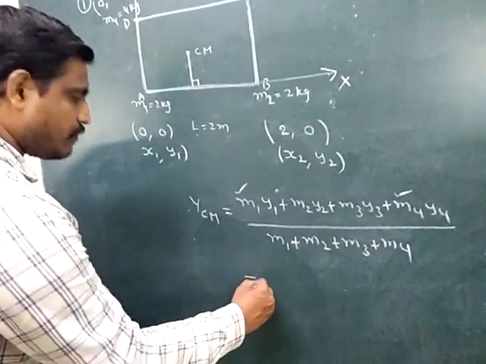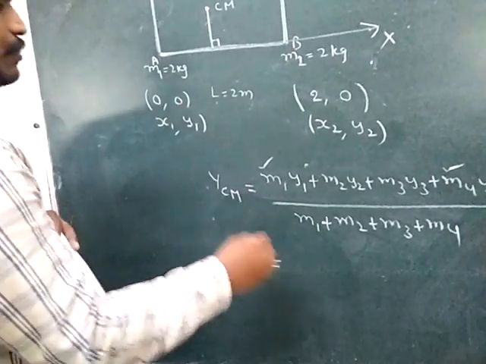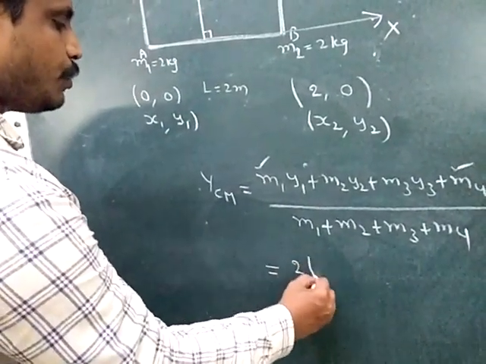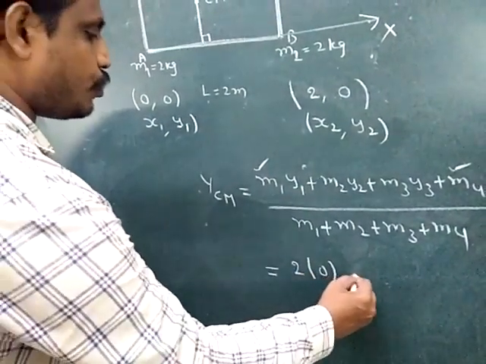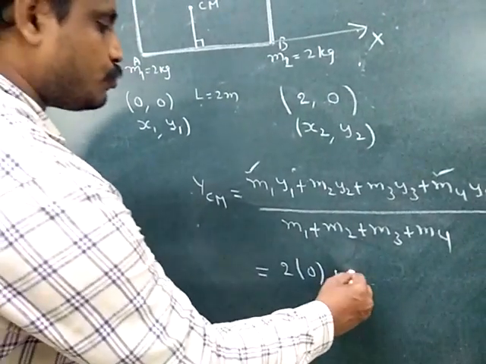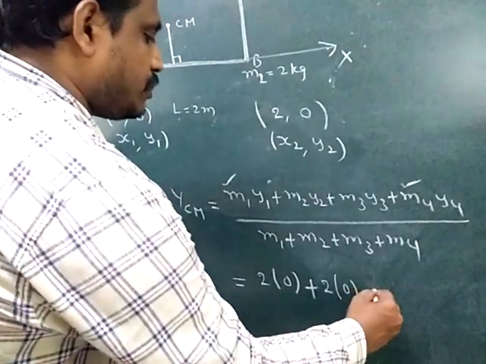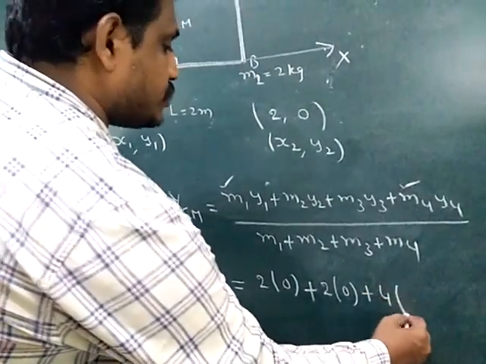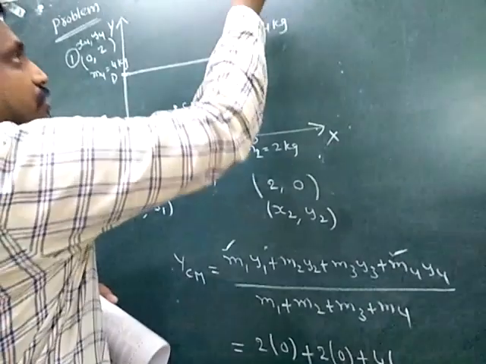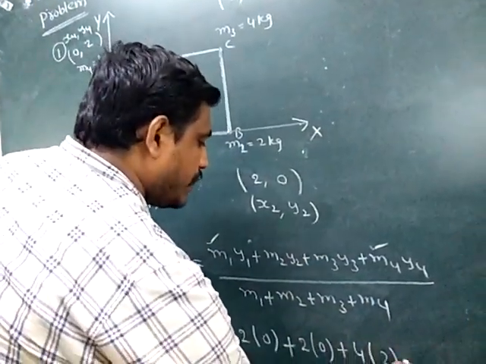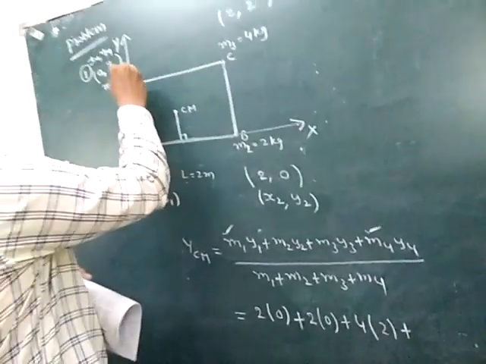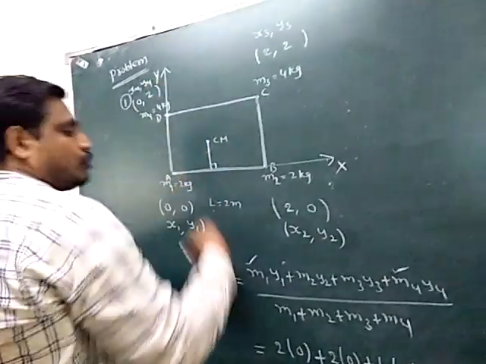Okay. Here what is the M1 value according to the diagram? 2 kg. Y1 value 0. M2 value 2 kg. Y2 value 0. M3 value 4 kg. Y3 value 2. And again M4 value 4, Y4 value 2.